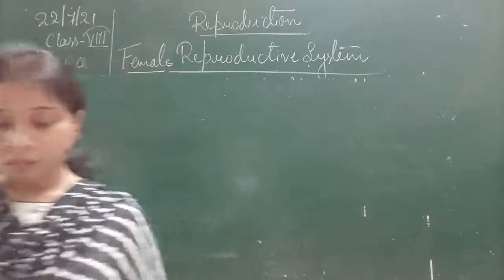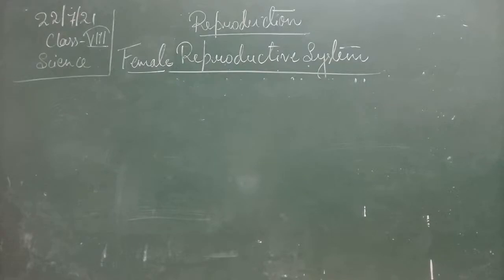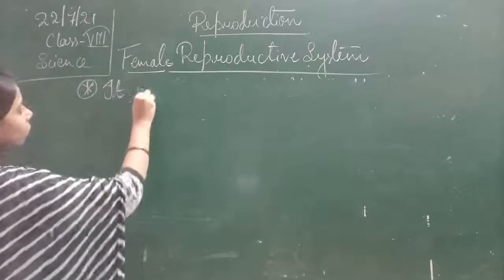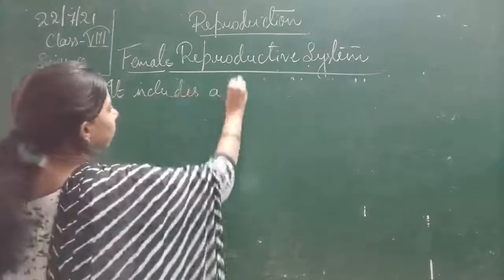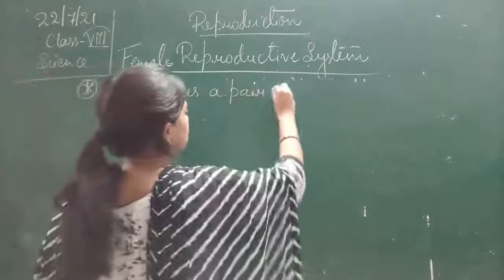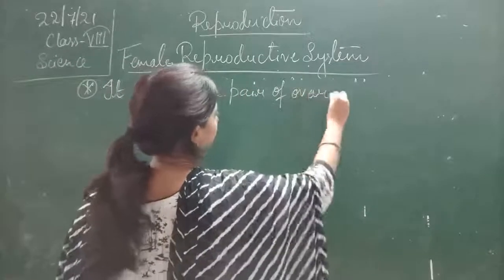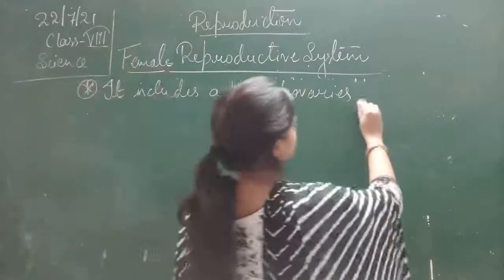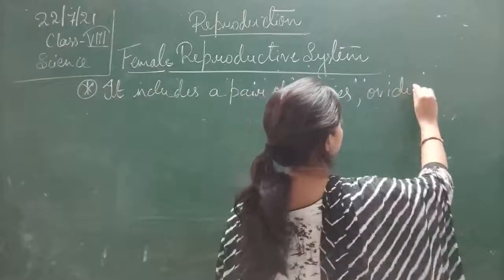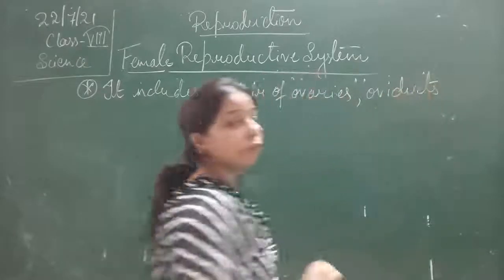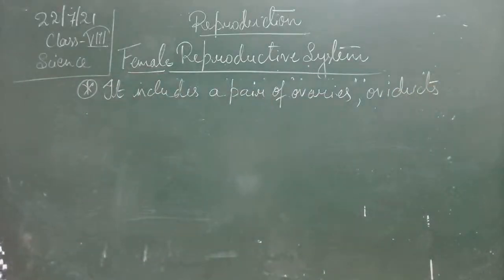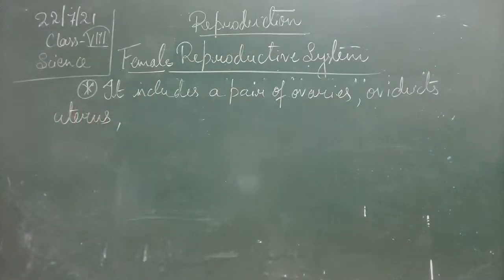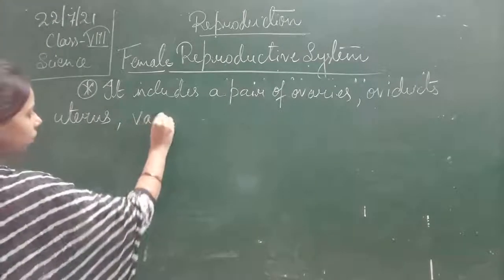So it includes a pair of ovaries, oviduct, then uterus, then vagina.